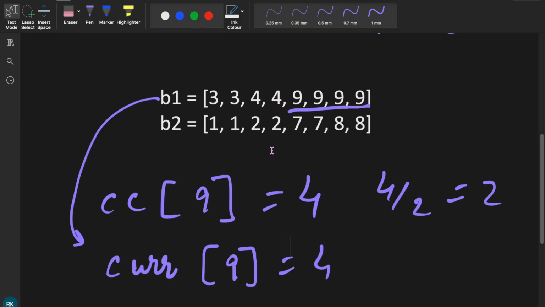What this basically means is, let's assume we have 9 and the combined count of 9 in both of the baskets is 4. This means that both of the baskets should actually have only two 9s. And if the current count of 9 in basket 1 is 4, it means that we have to transfer two 9s from basket 1 to basket 2.